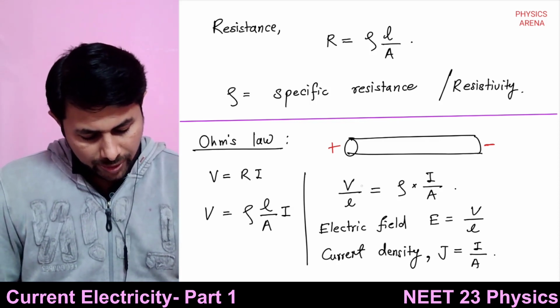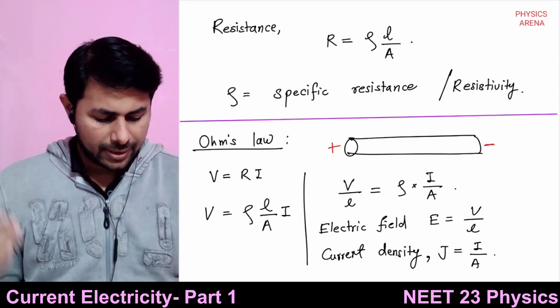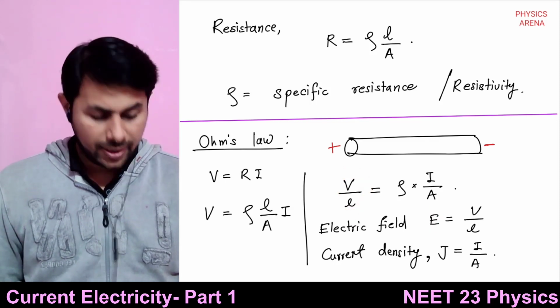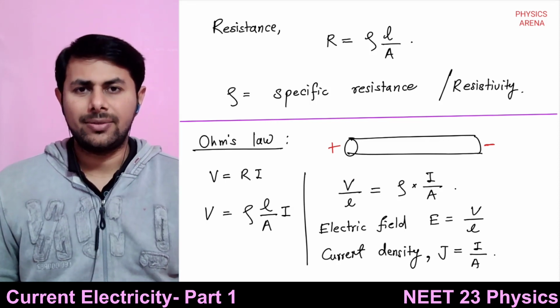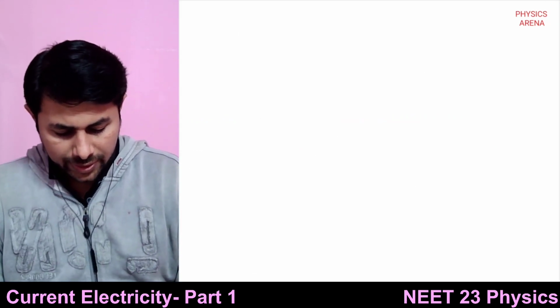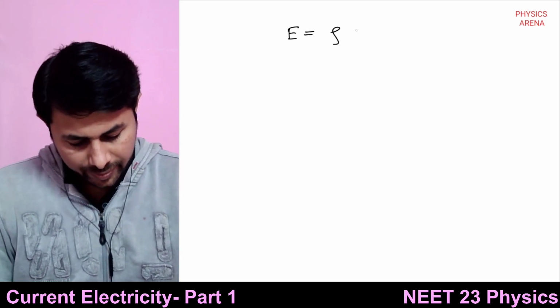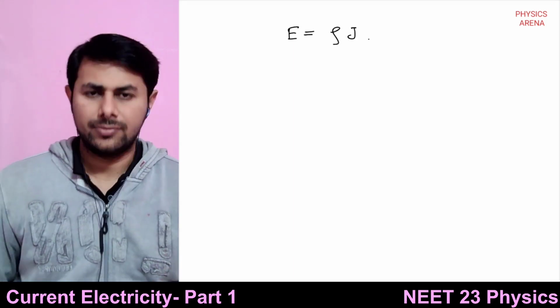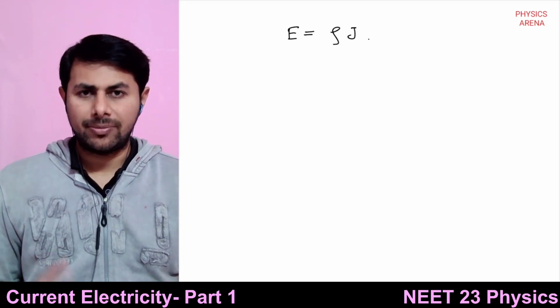So if we put V upon L equals E and I upon A equals J, we get the relation between current density and the electric field. What's that relation? The electric field E is equal to rho multiplied by J.